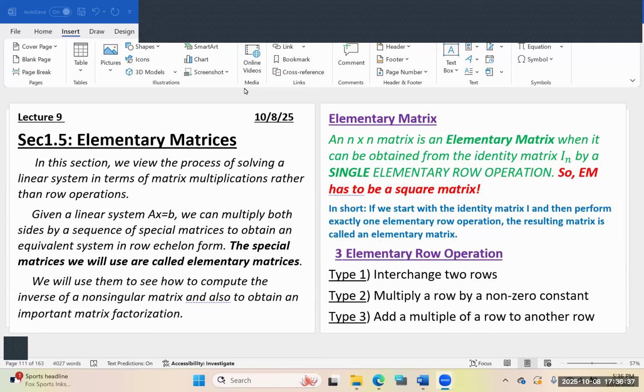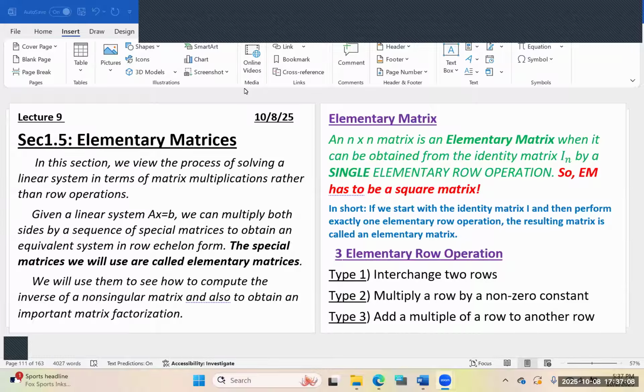So the elementary matrix is very, very close to the identity matrix. The difference is that you can apply only one row operation on an elementary matrix, and then it will turn into the identity matrix. If you need to apply 2 row operations, that means it's not an elementary matrix. An elementary matrix requires only 1 row operation.